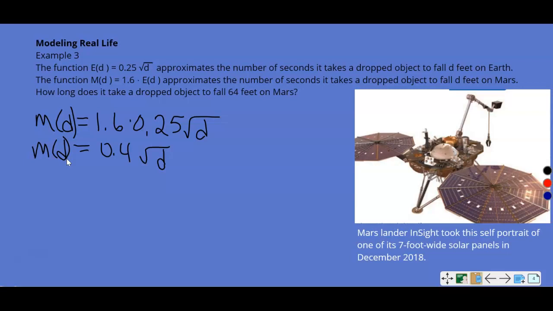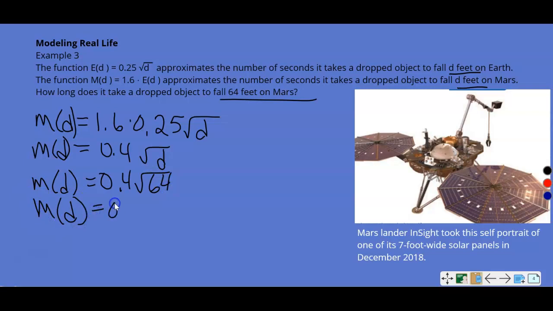Then we need to know, how long does it take a dropped object to fall 64 feet on Mars? All right, since d is in feet in both of these equations, all we have to do is substitute the 64 in our equation. So we're going to have M(d) equals 0.4 times the square root of 64. The square root of 64 is a perfect square, so the square root of 64 is 8.